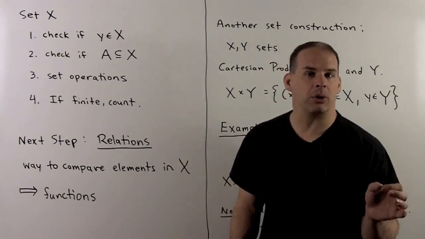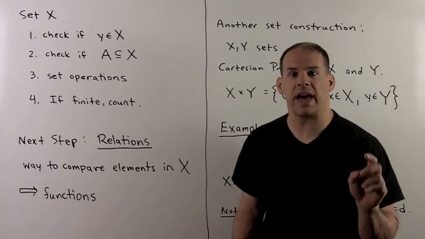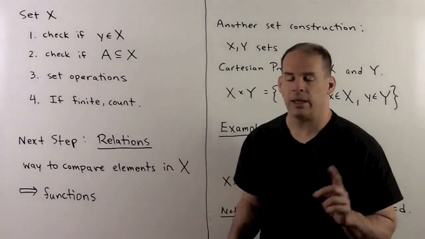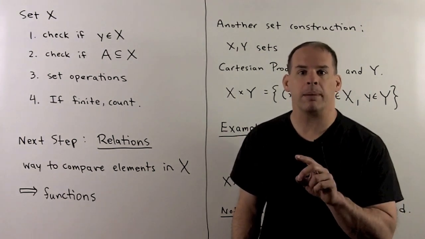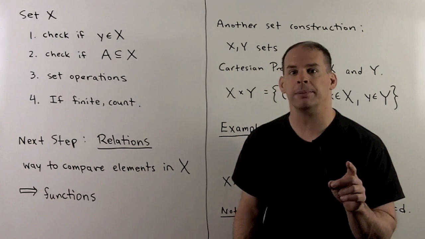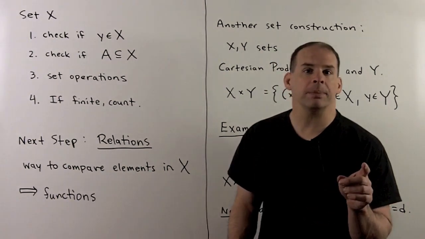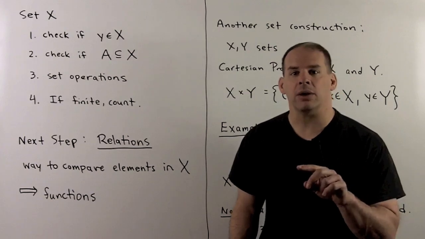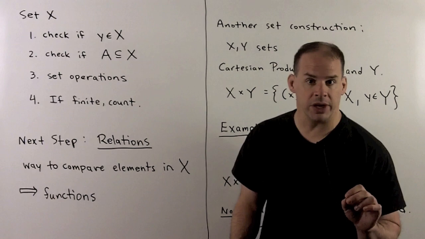We could apply the set operations of union, intersection, and complement to subsets of X. And if our set is finite, okay, we haven't defined that yet, but we know what it means intuitively, then we can count. If the set's not finite, then it's infinite. And again, we go with our intuition until we come up with a concrete definition.